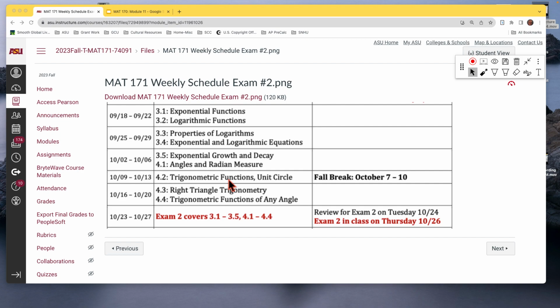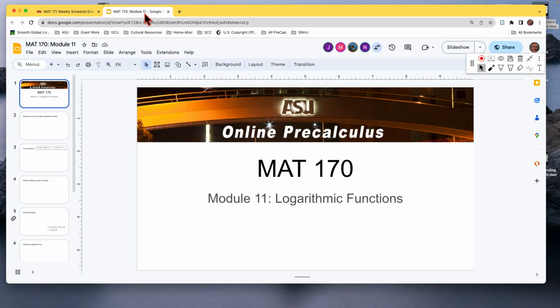Again, in Canvas I uploaded the other part, and I'd be happy to go over anything. In this class the final is comprehensive, so you do want to learn whatever we had from there. Any questions before we get started?